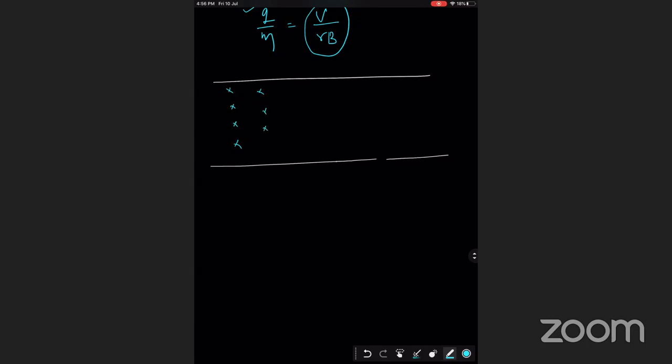This is the magnetic field. See how easily we will calculate the radius of its path. See this. This is the entry point.